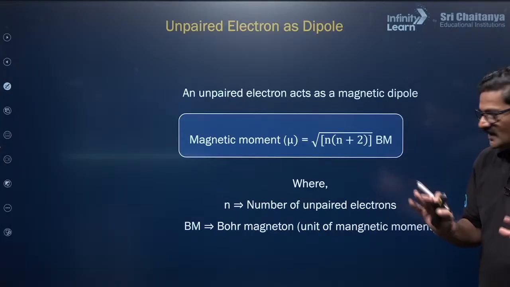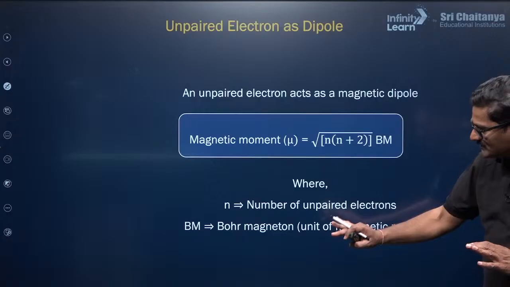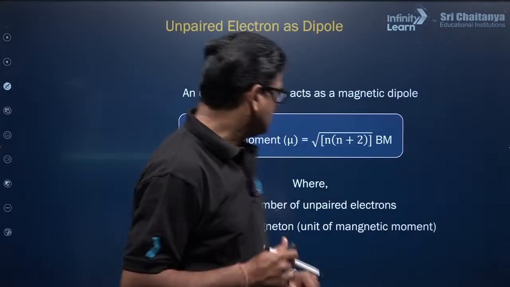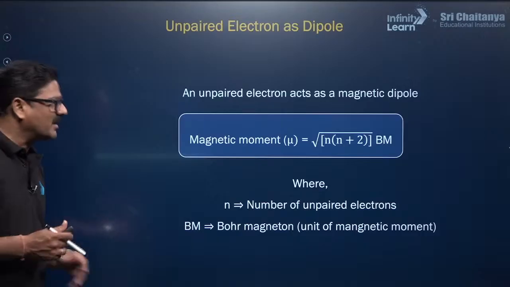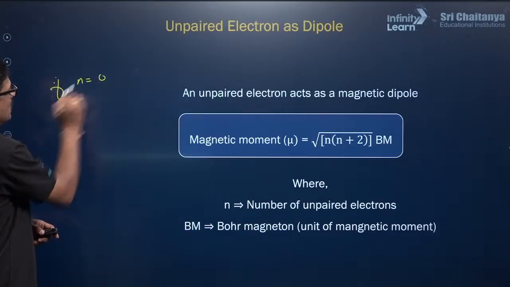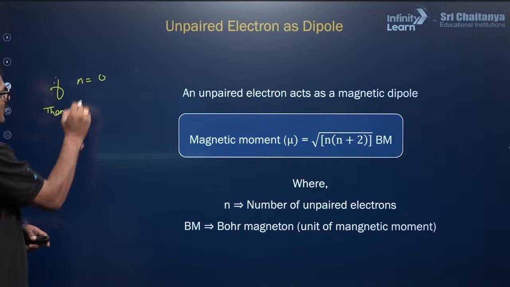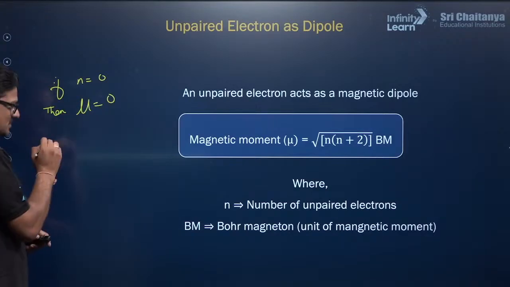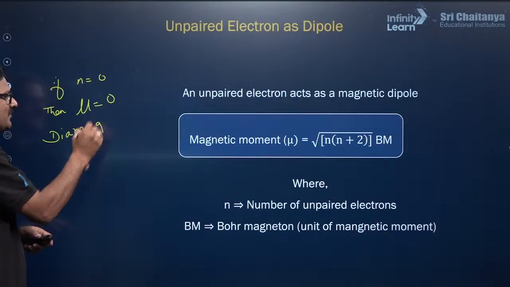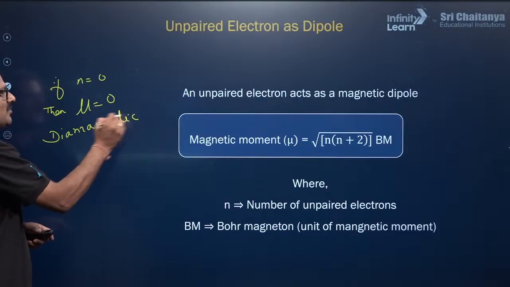BM stands for Bohr magneton, the unit of magnetic moment. If n is equal to 0, then mu is equal to 0. Such compounds are non-magnetic, called diamagnetic. Okay?